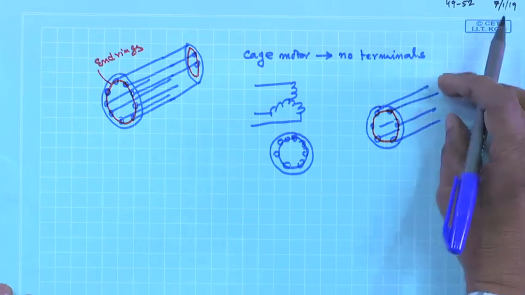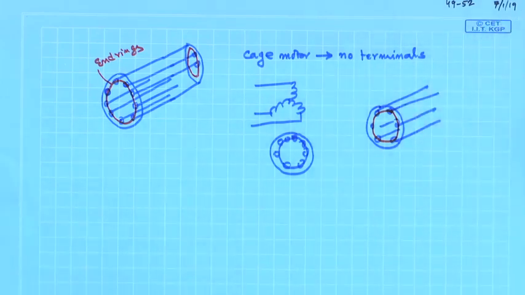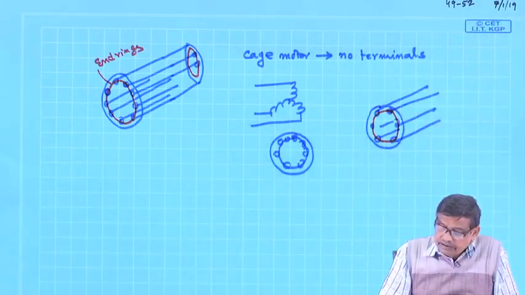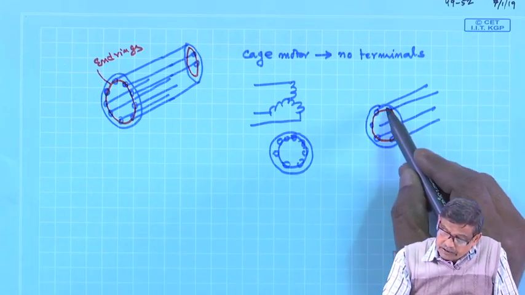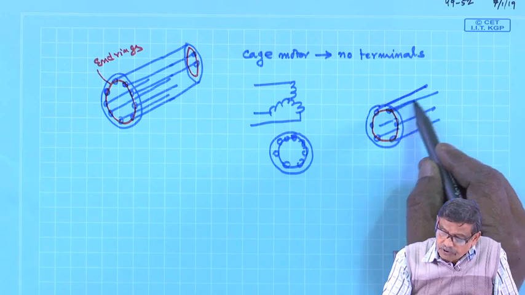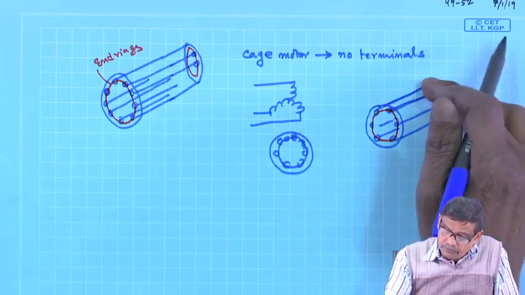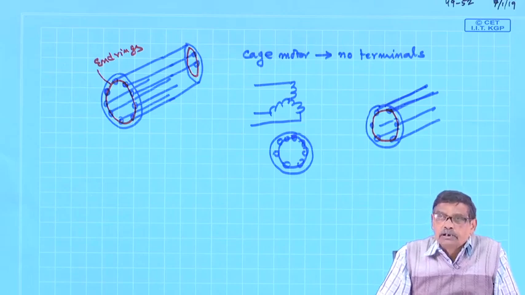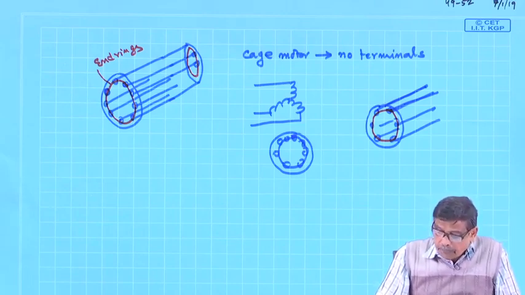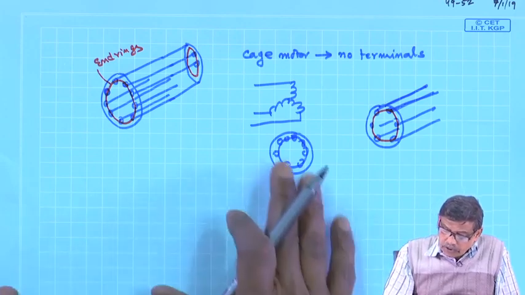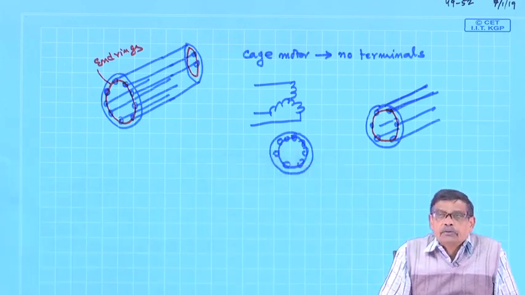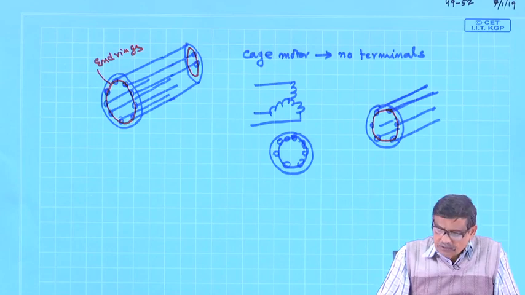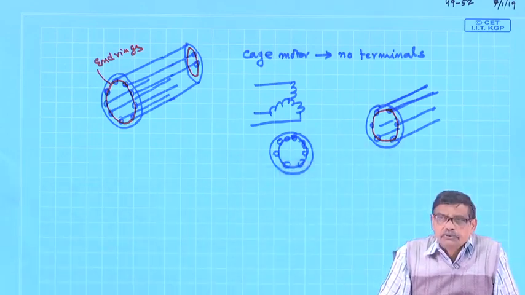You consider this ring is removed first. Therefore, it is like an open circuit induction motor, and in each conductor there will be induced voltage. Although with one end ring open, things cannot move because there is no rotor current and hence no rotor poles. The important point is the rotor should produce the same number of poles as that of the stator, no matter what kind of winding you use.